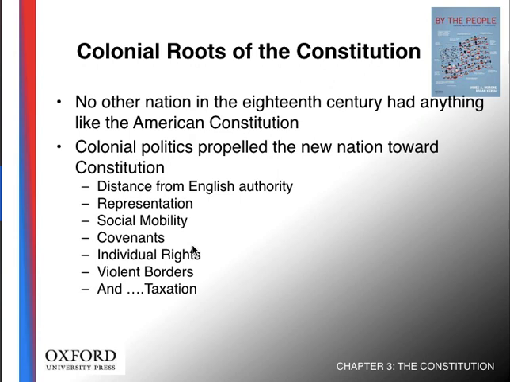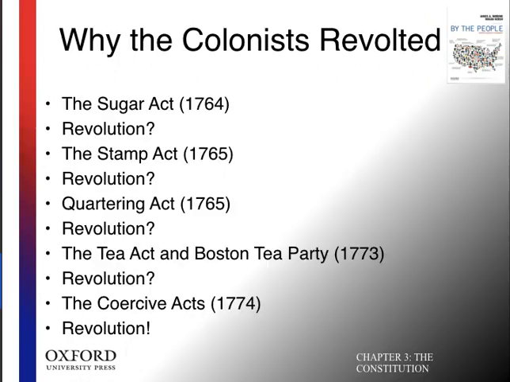They were already making covenants, promises amongst themselves, and they were conflicting with the laws of Great Britain. They yearned for stronger individual rights. They were having border conflicts with various other nations, as well as the Native Americans, and they were being taxed by the British Crown.